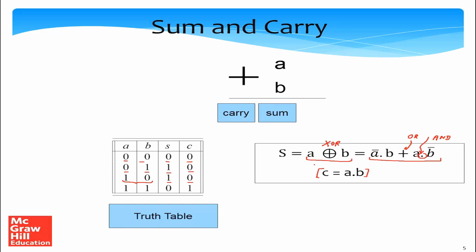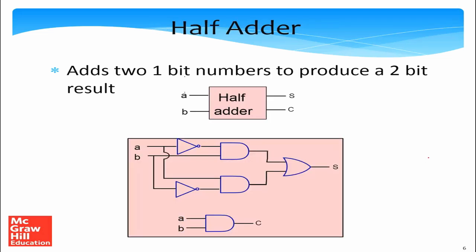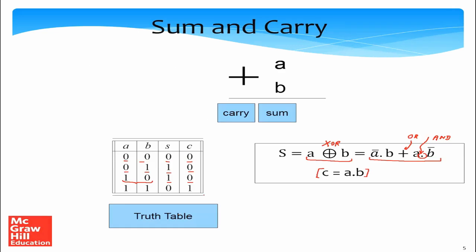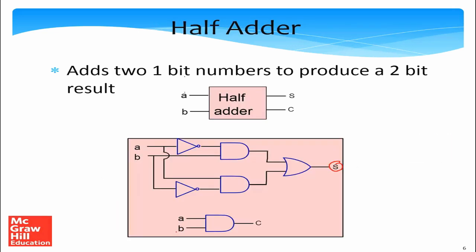We take A complement and AND it with B, and the other has A AND it with B complement. After two AND gates, we compute an OR function, and this becomes the sum. And the carry was anyway A and B, so we pass A and B via an AND gate, and the result is the carry.